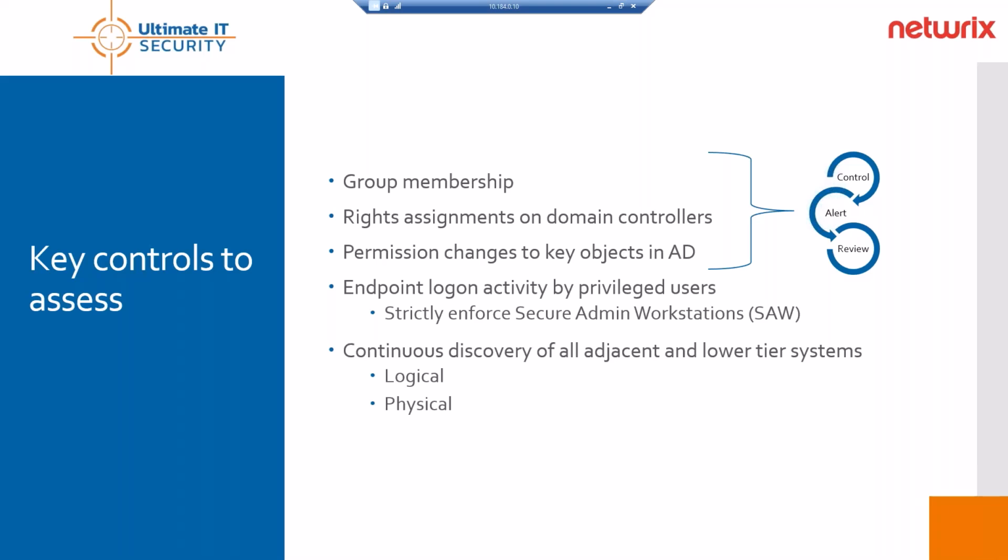But that's not enough. We need to know who are all of our privileged accounts through any way, shape, or form. And then we need to carefully monitor what systems those accounts are logging on to. And every time we see that account logging on to another system, ideally, we would then check, hopefully in an automated way, is that a blessed tier 0 system?